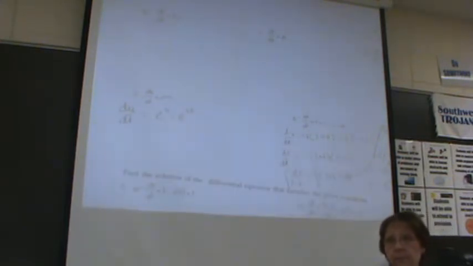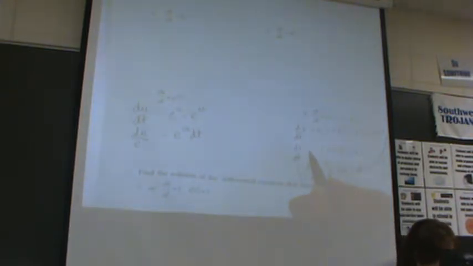7? Okay. 7 is definitely something that has all of the variables in the exponent. So what we need to realize is that e to the u plus 2t is e to the u times e to the 2t. Is everybody okay with that? Now can we split them?